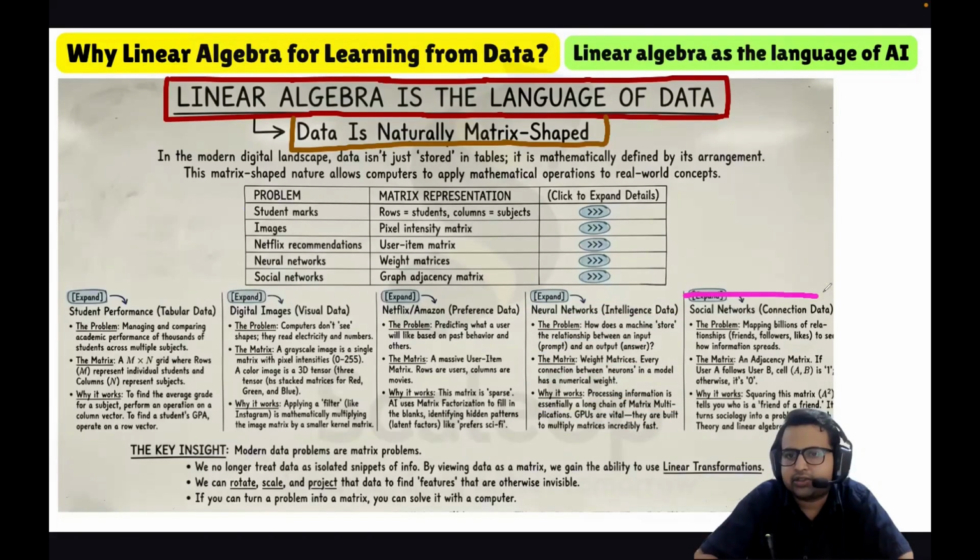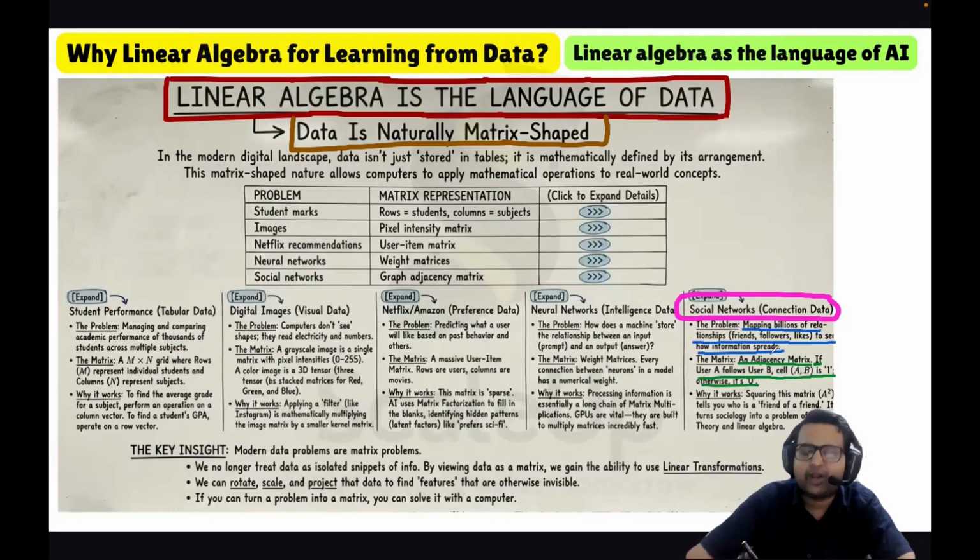Social networks. In social networks, we are dealing with connection data. Now the problem is mapping billions of relationships, like friends, followers, likes, to see how information spreads. Now if we represent this relationship in the form of an adjacency matrix, like if user A follows user B, cell A comma B is 1, otherwise it is 0.